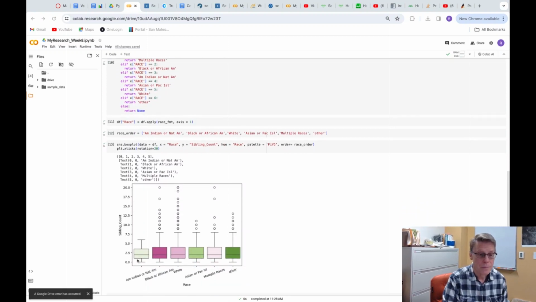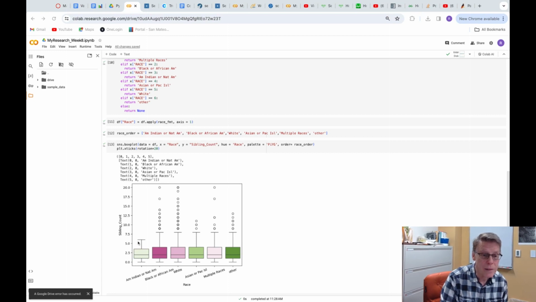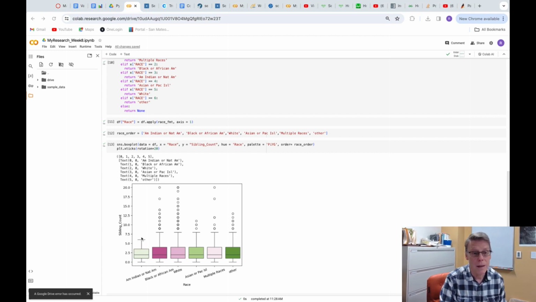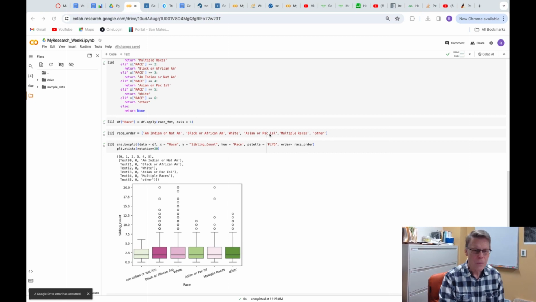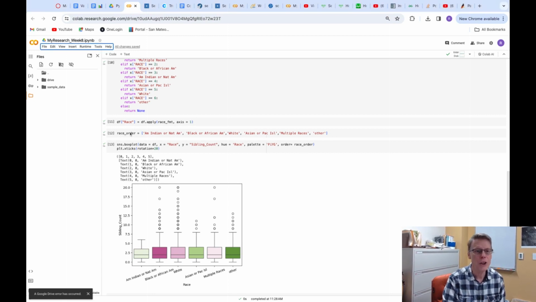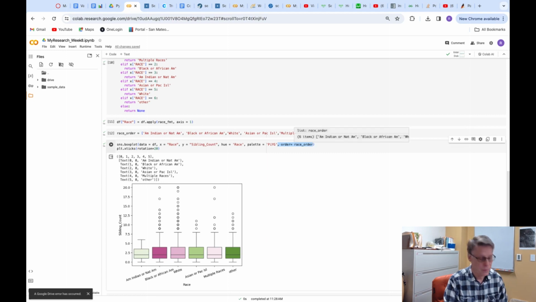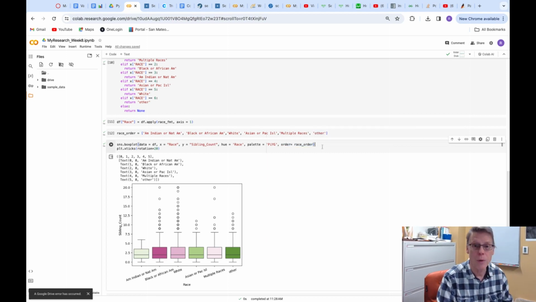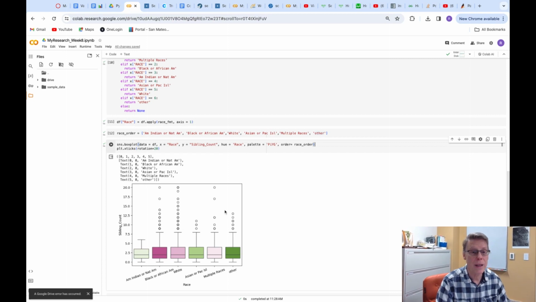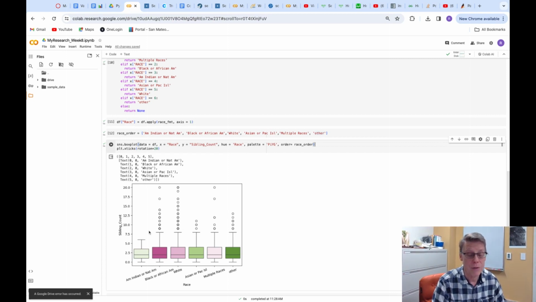The minimum number of siblings is 0, and the median is here around 2 point something, and immediately I'm noticing there are no outliers. And so this is kind of the reason that I changed the order. If I didn't have this race order in there, and I took this out and didn't say what order it would be and ran it initially, it ran it in a different order.